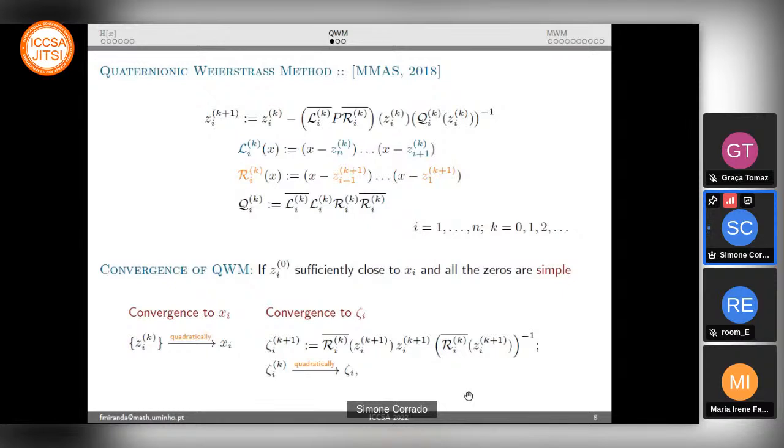And also the sequence of the zeros zi converges quadratically to the zeros of the polynomial. An n-degree polynomial has only simple zeros if all the zeros are isolated and different. So if a polynomial has a spherical zero, then we cannot guarantee quadratic convergence to the zeros.